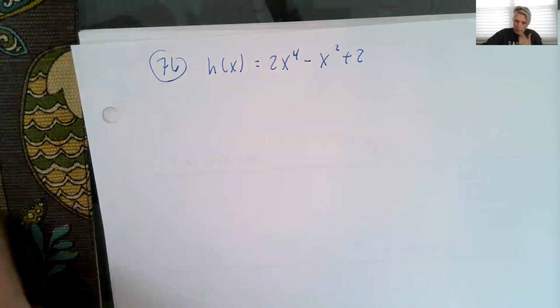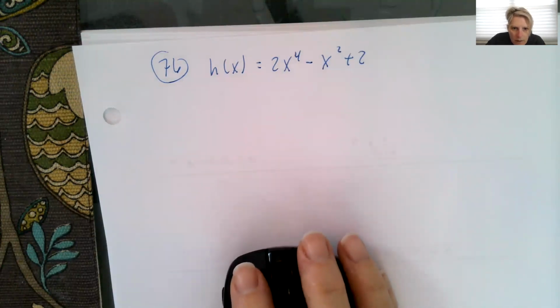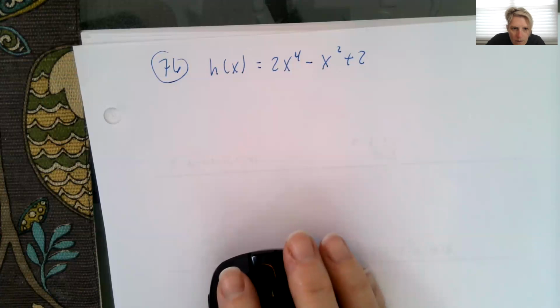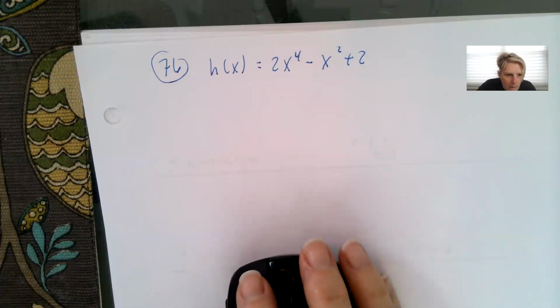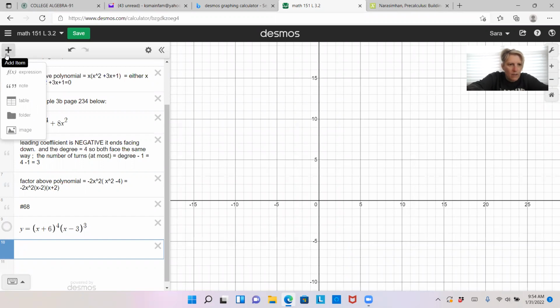So we can just go to Desmos here and put that one in, because that's a nice way for us to check. Let's turn that one off. And this is going to be number 76.